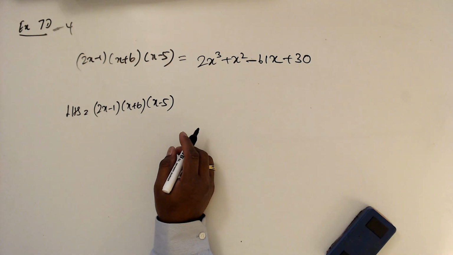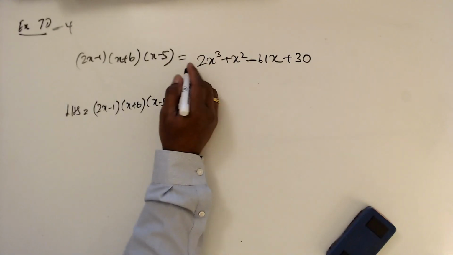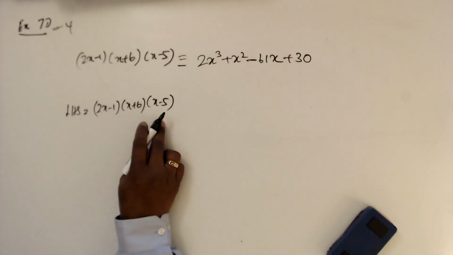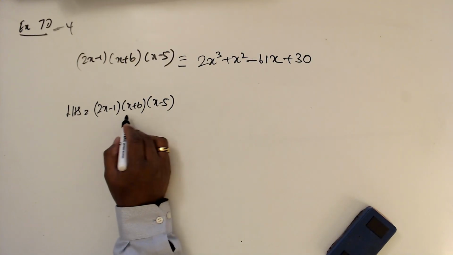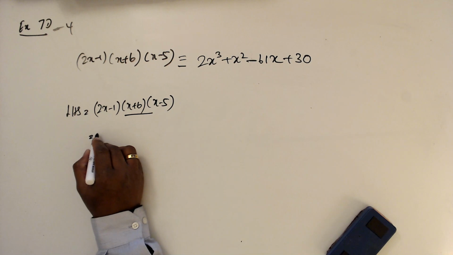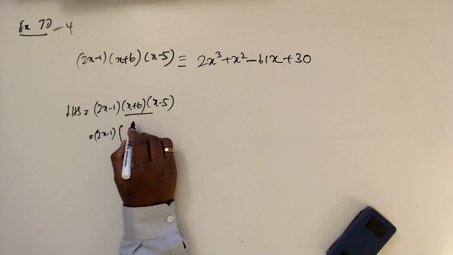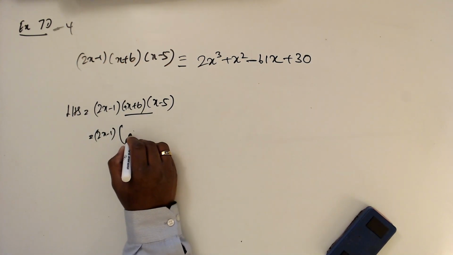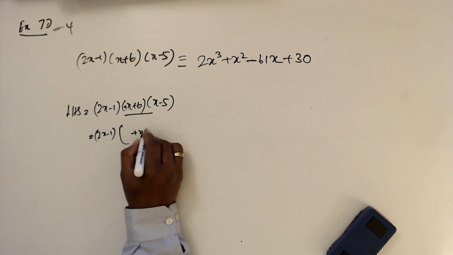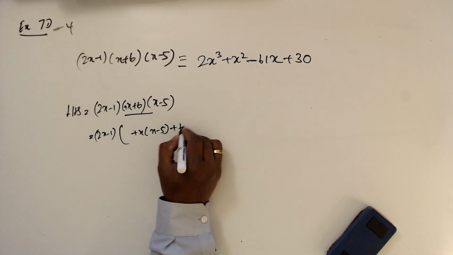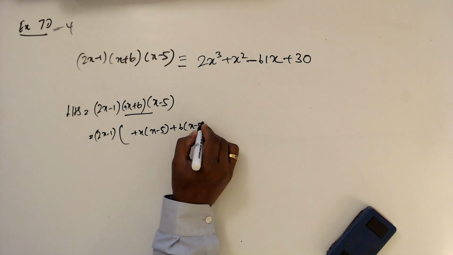And this is question number 4. We want to show this. So we'll start with the left hand side and simplify this part first. Keep 2x minus 1 here. This is going to be x times x minus 5, then plus 6 times x minus 5.